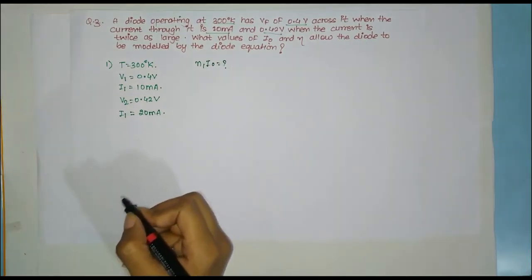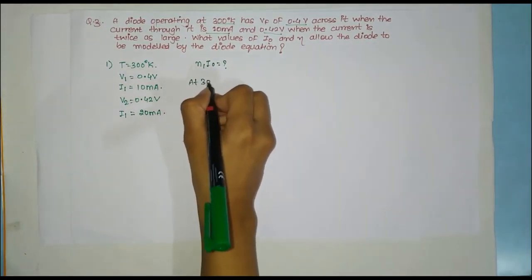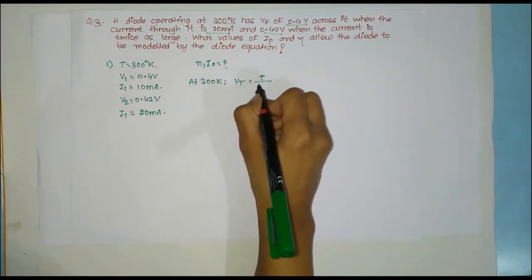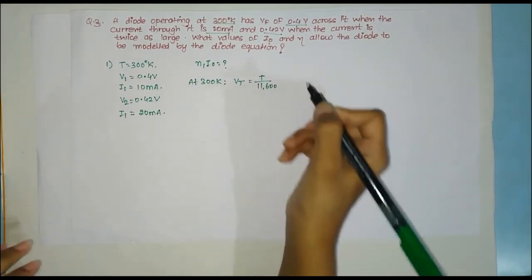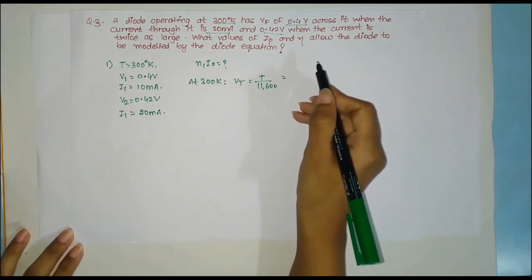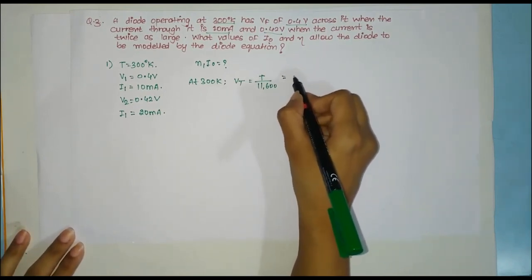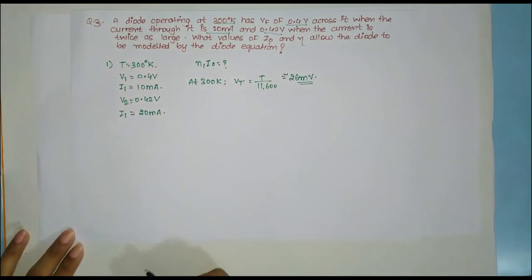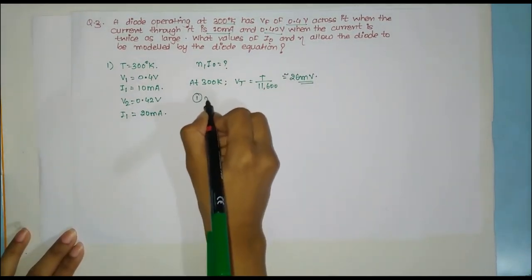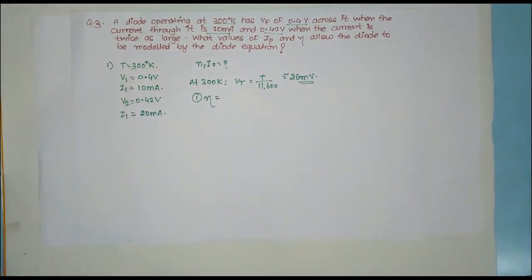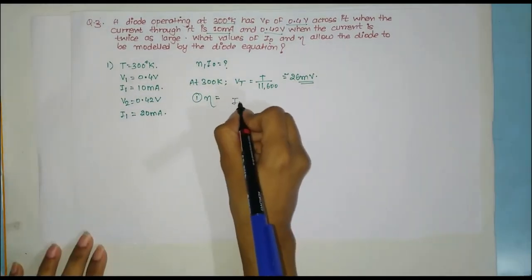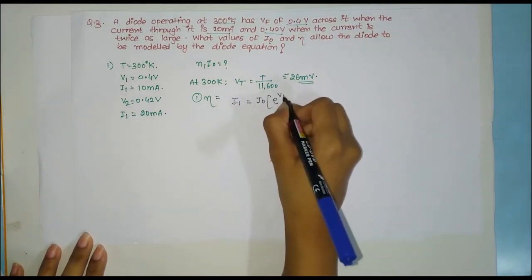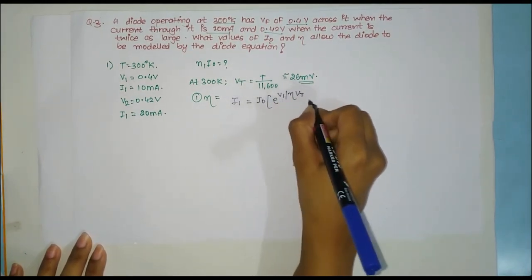So let us do the calculation. We know that at 300 Kelvin, the volt equivalent Vt is equal to T upon 11,600, right? So substituting the value of T as 300 Kelvin, we get the value of Vt as approximately 26 millivolts. So first let us calculate the value of eta. Writing the equation, I1 is equal to IO into e raised to V1 upon eta Vt, minus 1.